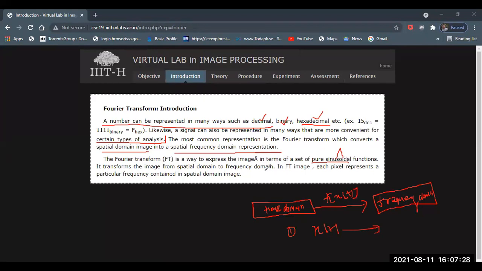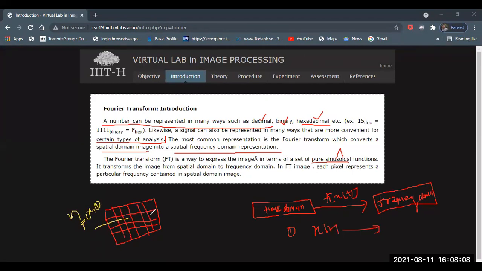And when we perform Fourier transformation for an image, each pixel represents a particular frequency contained in the spatial domain. Suppose this is my representation of an image in the spatial domain. If I consider this pixel P in the spatial domain, it basically represents a coordinate x and y, along with some intensity.